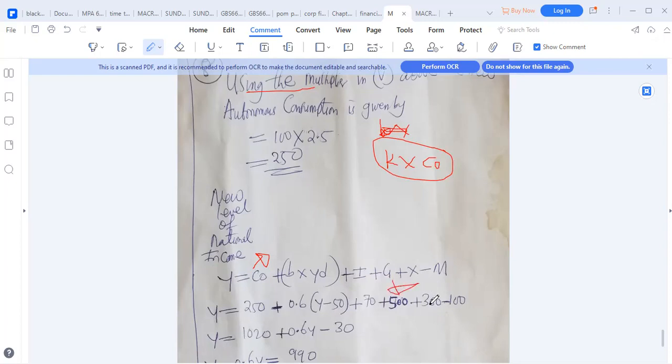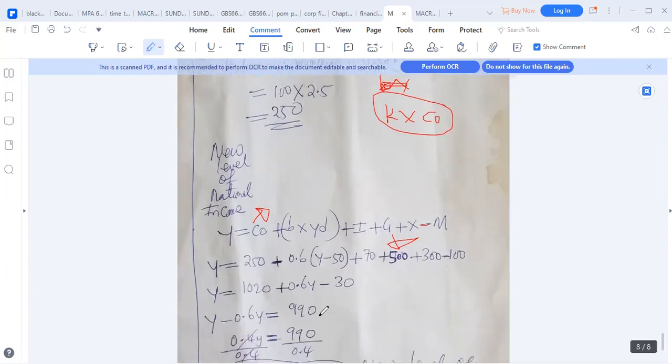The export is still at 300. The imports are at 100. After multiplying 0.6 by 50 and adding and subtracting, we are getting 1020.